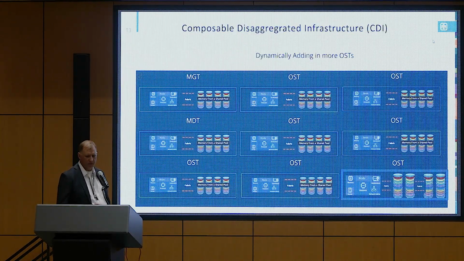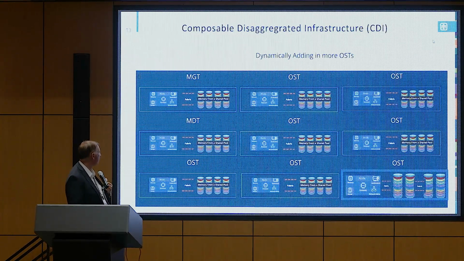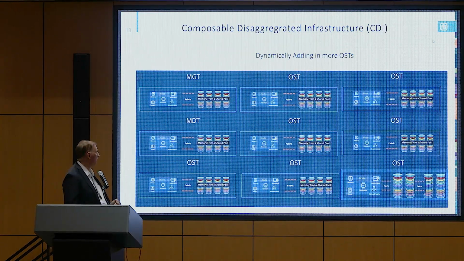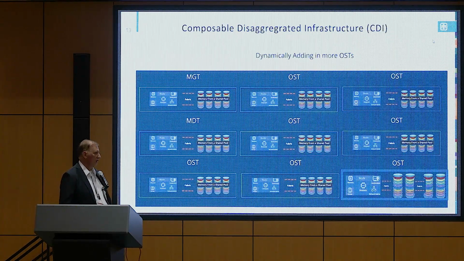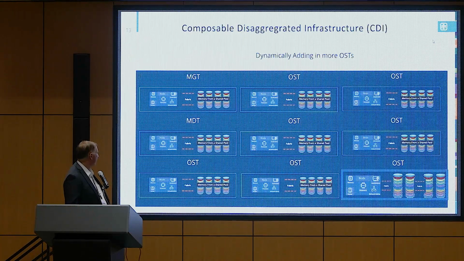So for composable disaggregated infrastructure, what I want to do, using CXL in this case, is take memory from a shared pool, typically on the top of a rack. I'll show you that. Then you attach it with a fabric, CXL in this case, and you augment more basic nodes. There are some advantages to that.